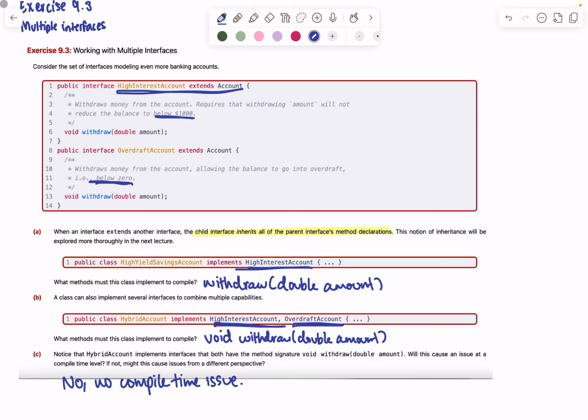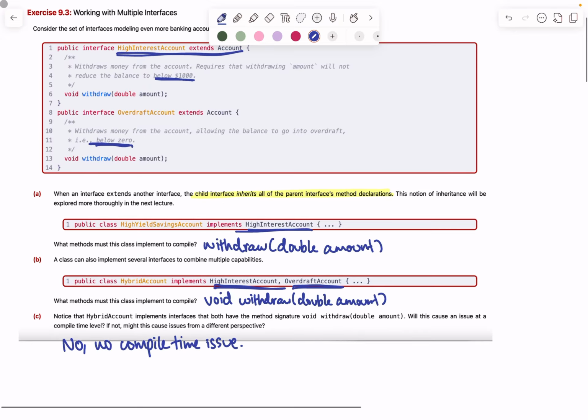High interest account, our withdraw method doesn't let the balance go below 1,000. But the overdraft account withdraw method makes it so that we can dip our balance below zero. So that's a crucial difference in specifications. So there actually might be an issue there because our client isn't actually going to know what the method's going to do.